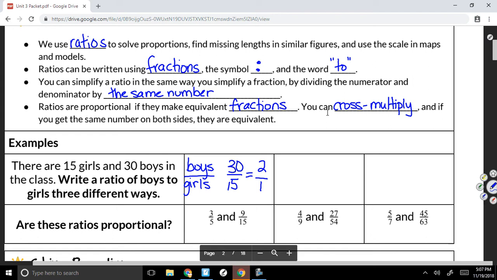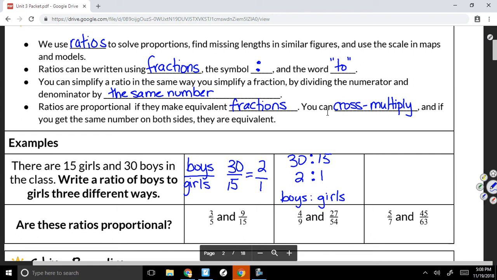All right, let's try to write it with the colon now. Similarly, they ask for a ratio of boys to girls, so I have to put the 30 first, and then the colon, and then 15. Again, you can simplify that to 2 colon 1, and we would read that as 2 to 1.